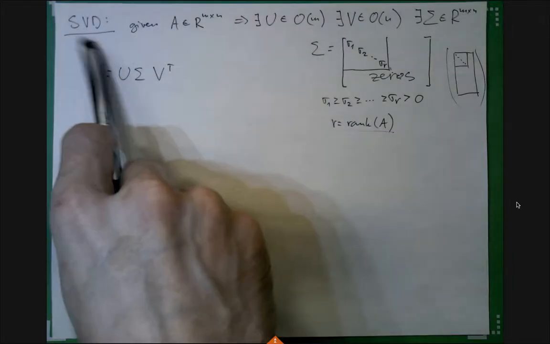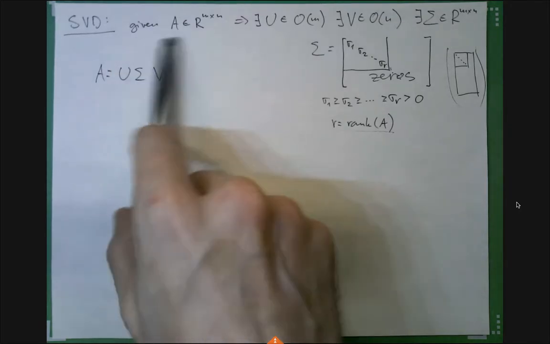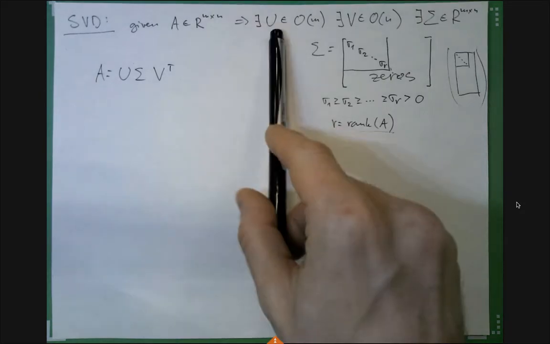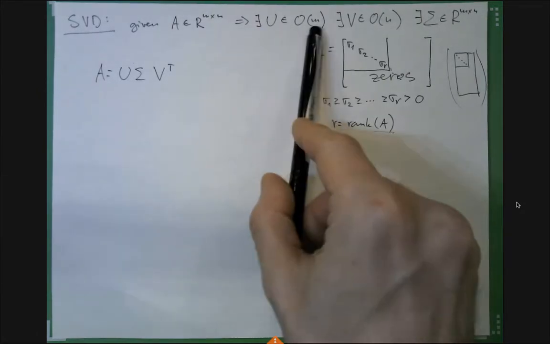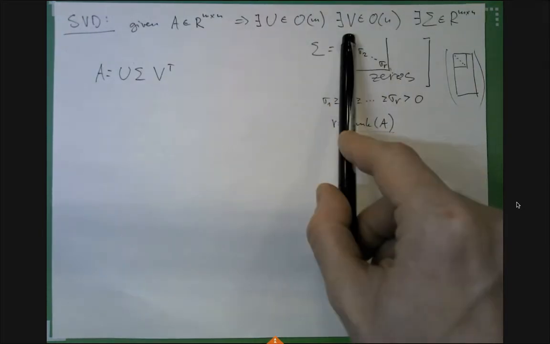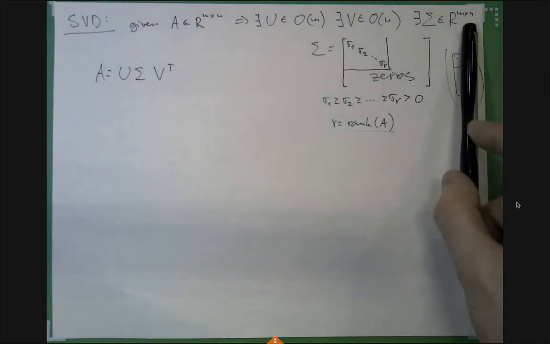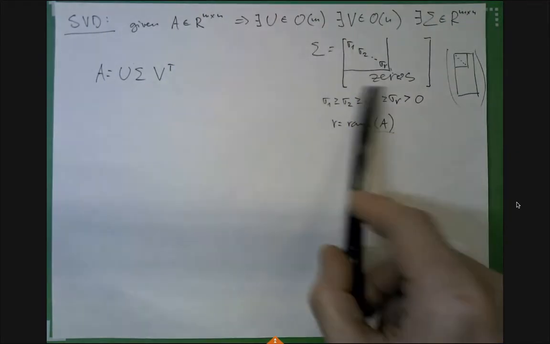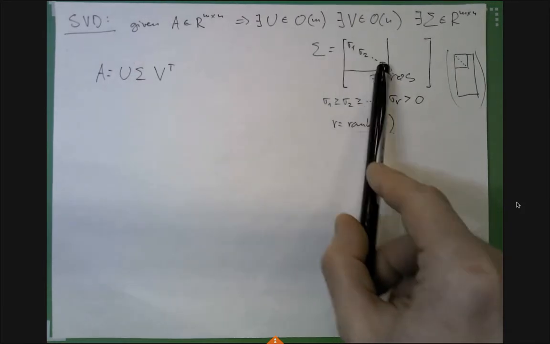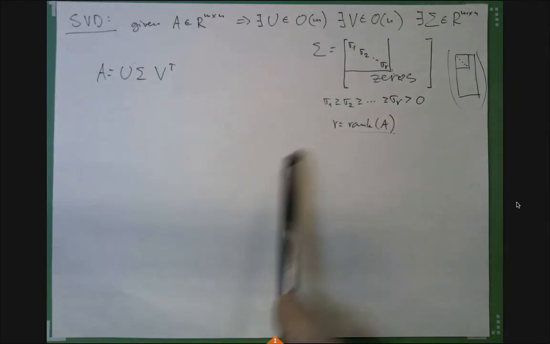So this is the SVD theorem, which we discussed last time. It says that for any matrix, which can in general be rectangular, m by n, you can always find orthonormal matrices: an m by m orthonormal matrix U, an n by n orthonormal matrix V, and a sigma matrix, which is rectangular, the same dimension as A, with non-zero values only on the main diagonal and zeros everywhere else.